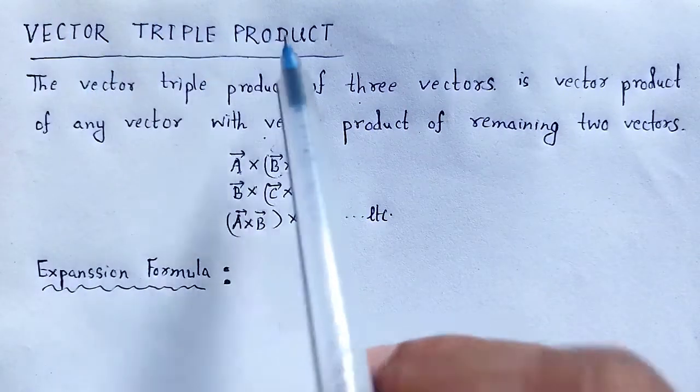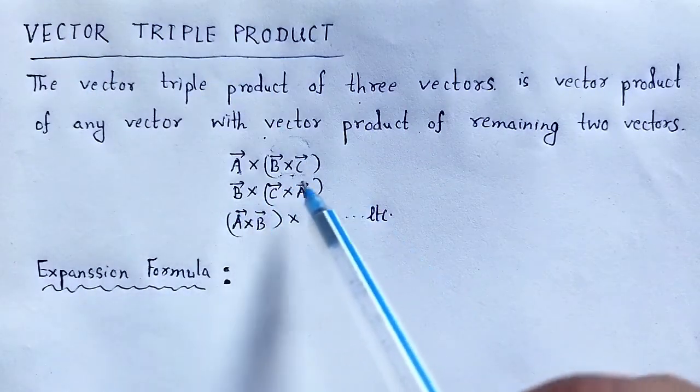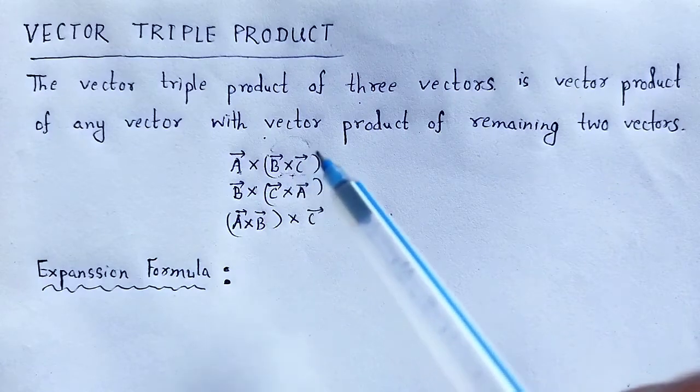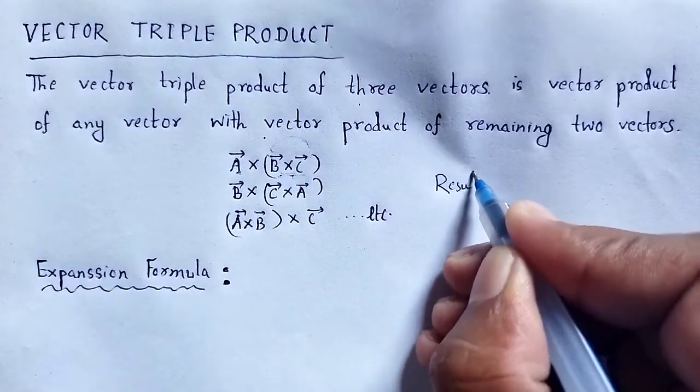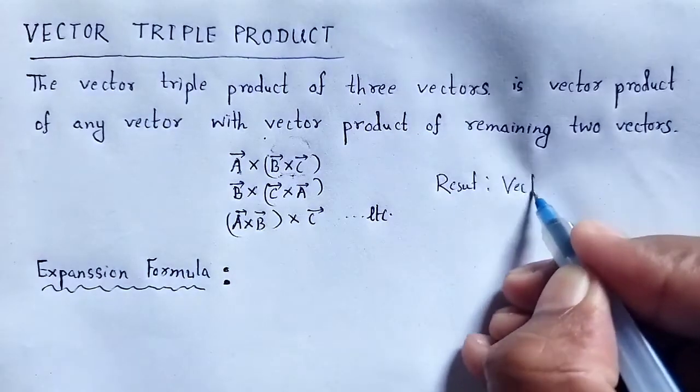The result of the vector triple product is a vector quantity.